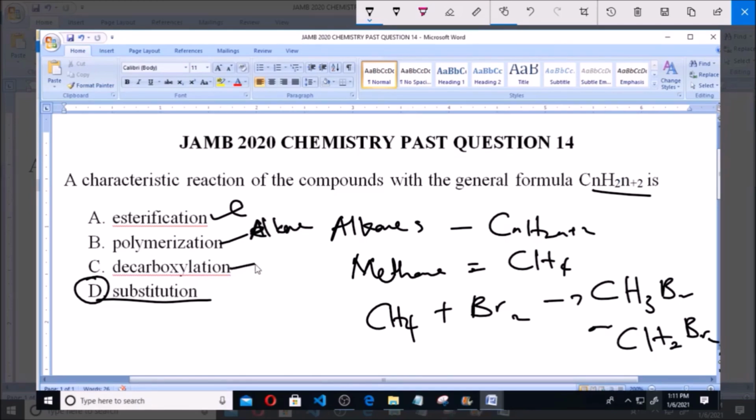And decarboxylation involves the removal of CO2, and that is not done in the case of alkanes. So the reaction that this compound with the general formula undergoes is the substitution reaction because they are completely saturated. So option D is the correct answer to this question.